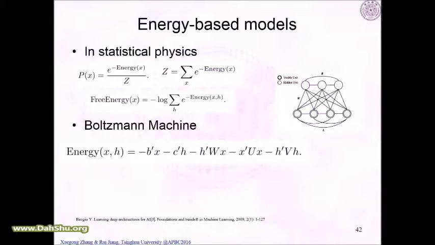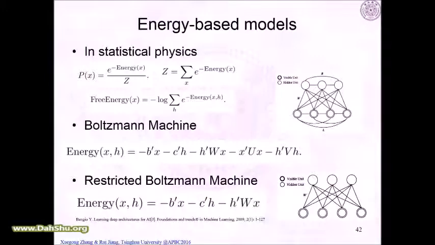So this is called the Boltzmann machine. And the restricted Boltzmann machine restricts the Boltzmann machine to only those connections between layers. In the Boltzmann machine there's no idea of layer, every node is connected. Now we have layers, so we only have the edges between layers.